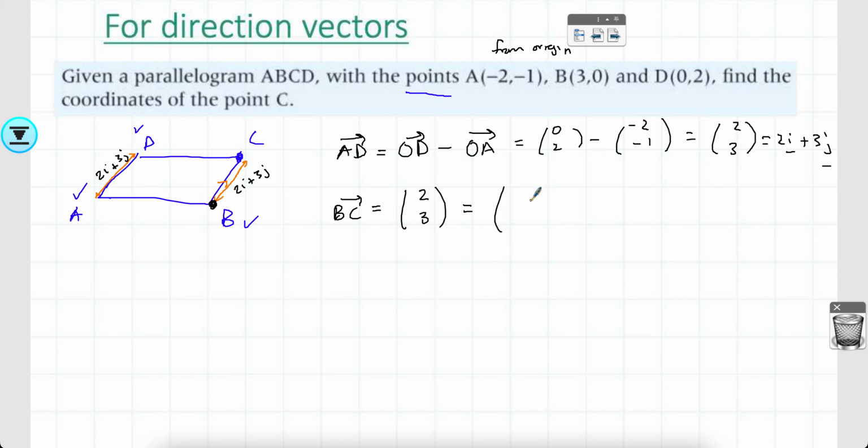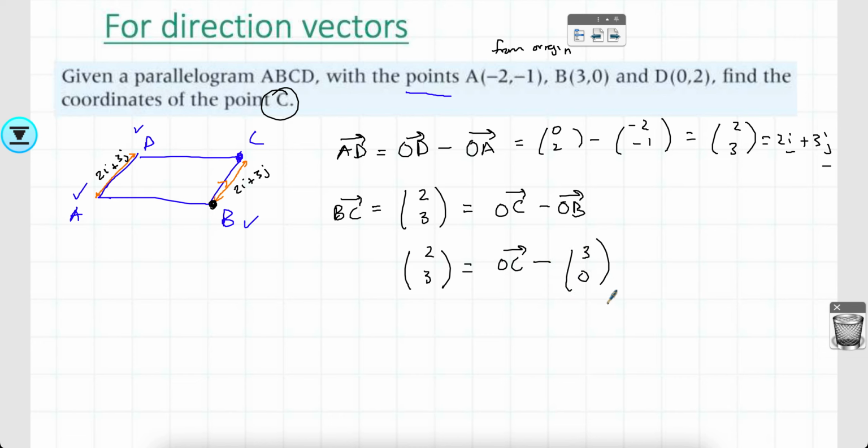I also know that BC is basically OC minus OB. And let's replace some of these values. So I don't know what OC is. That's what we're trying to find. That's the question. And I'm taking away OB, which is 3, 0.